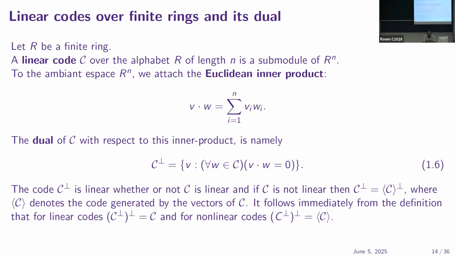The dual of C is a linear code. The dual of the dual of C equals C.